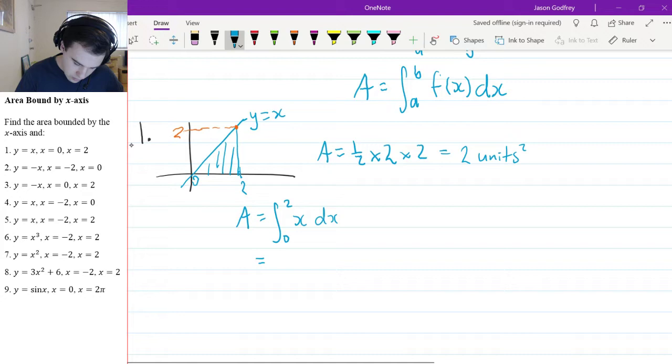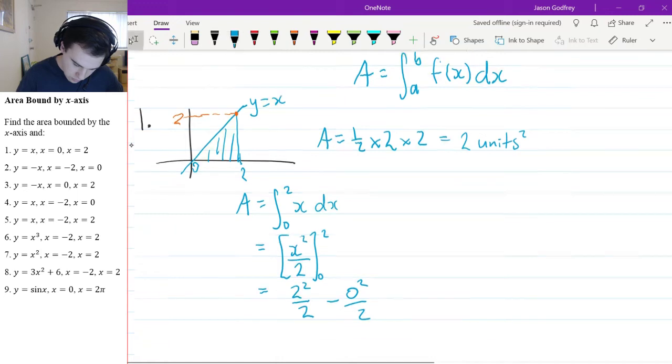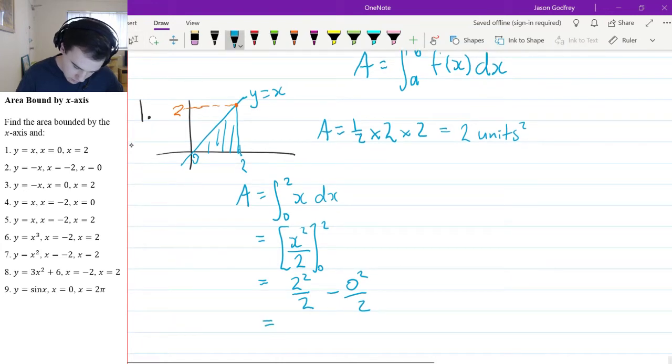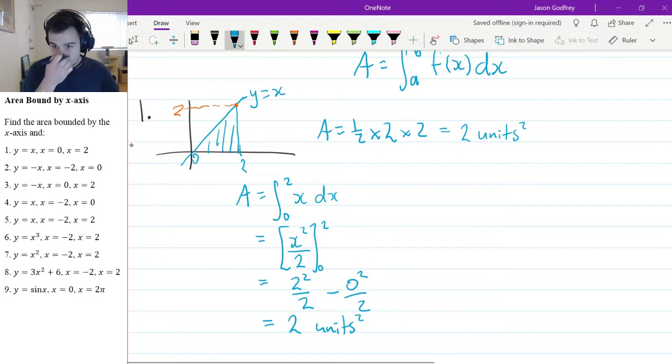The integral of x dx is add 1 to the power, x squared on 2, and we're going from 0 to 2. So this is going to equal, substitute 2 in, 2 squared on 2 minus 0 squared on 2, and we get the same thing. 2 squared is 4, on 2 is 2, minus 0 is 2.